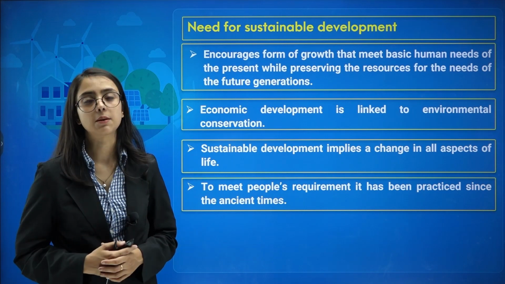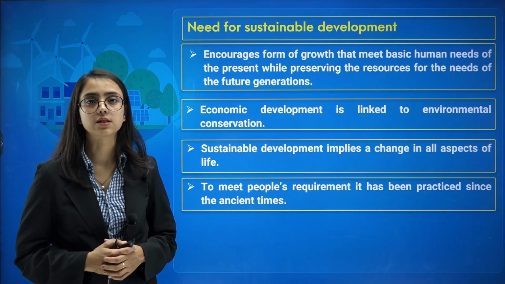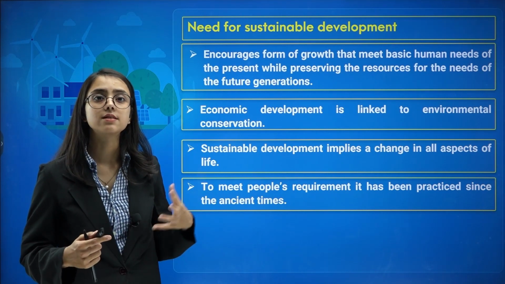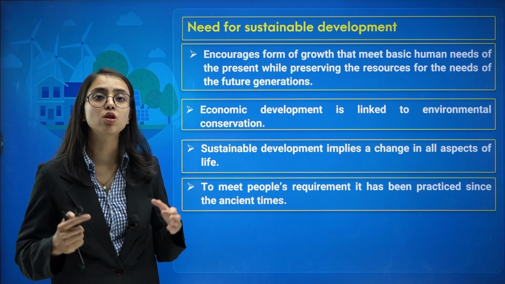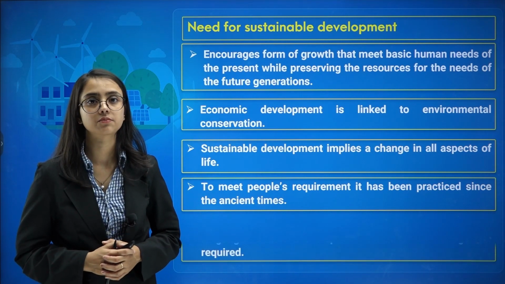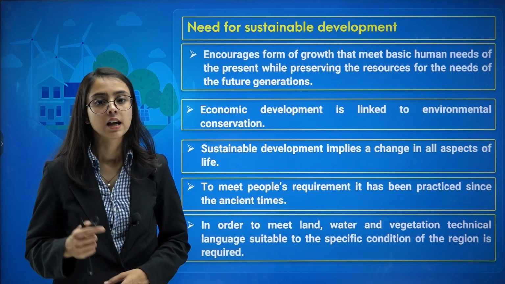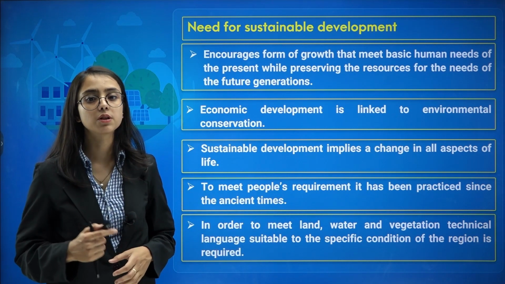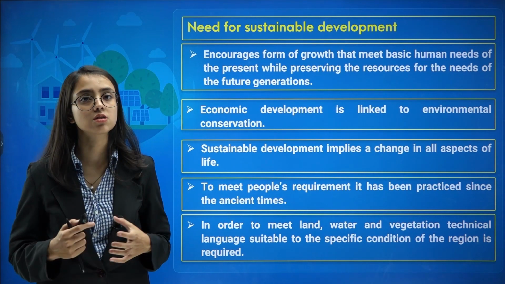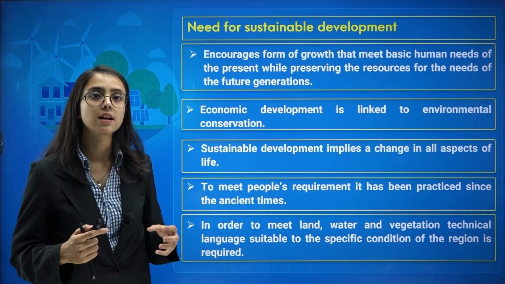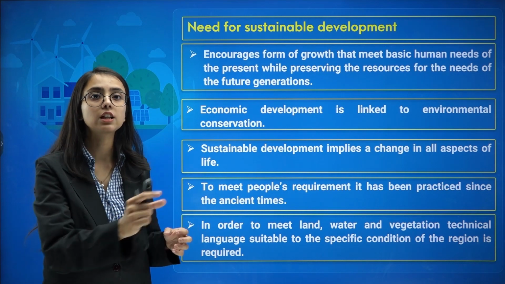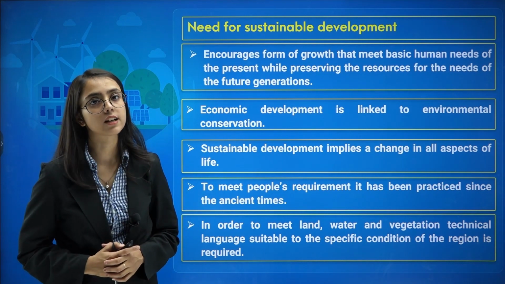This is a small step that we can take in our day-to-day lifestyle, which helps in sustainable development and does not destroy our environment. For land, water and vegetation, technical knowledge suitable to the specific conditions of the region is required. We need to understand the needs and requirements of each region for conservation of natural vegetation.